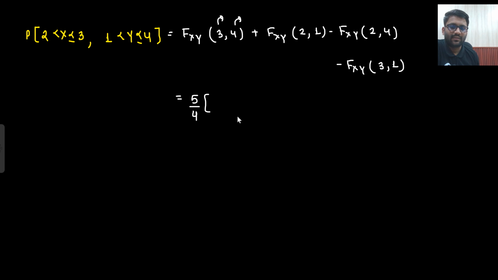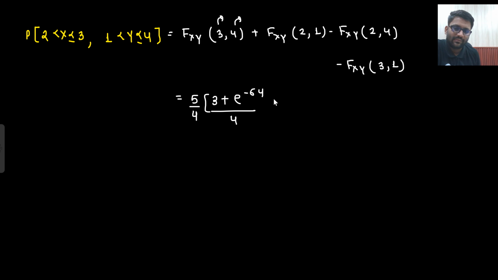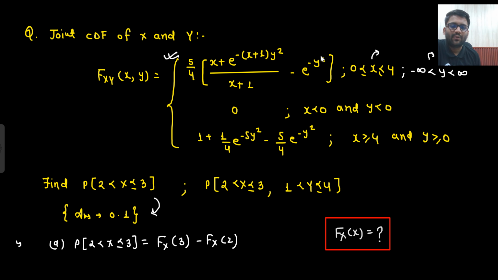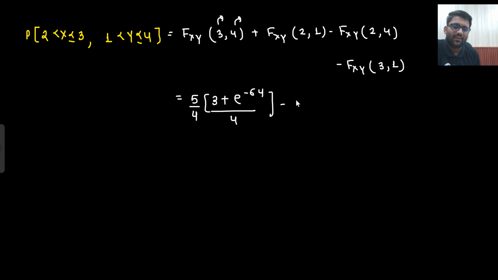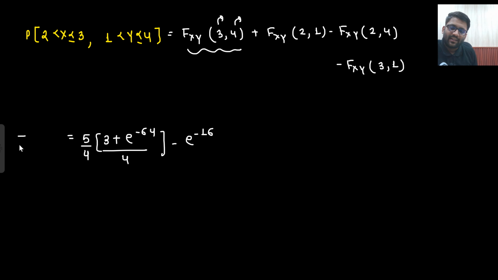So 3 plus e to the power minus 64, divided by 3 plus 1, that would be 4, minus e to the power minus y square. The value of y is 4 only. So e to the power minus 16. So this is the answer of, let's write down separately, this was the answer of F(3,4).